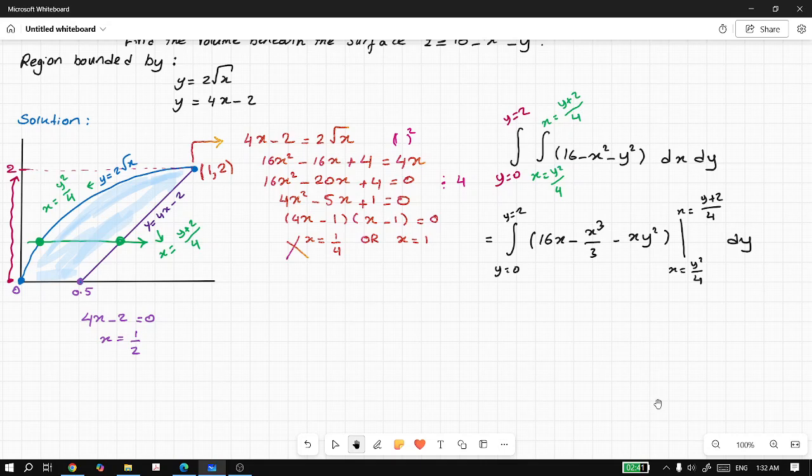After solving this integral and simplifying, we get another integral with respect to y. You have to again solve it with respect to y, put the limits of integration for y, and you get the volume of the object, which is equal to 12.4, which is given to you in the course material.